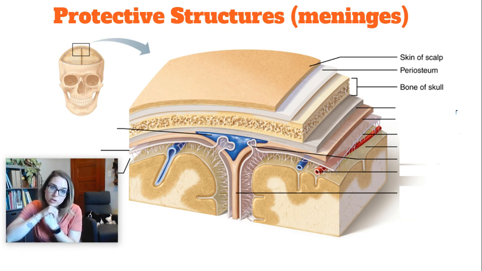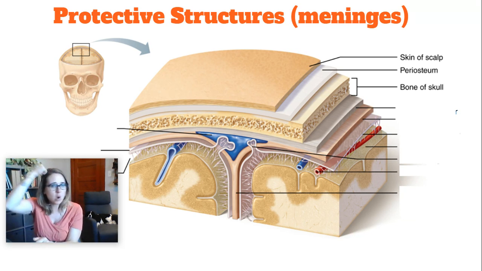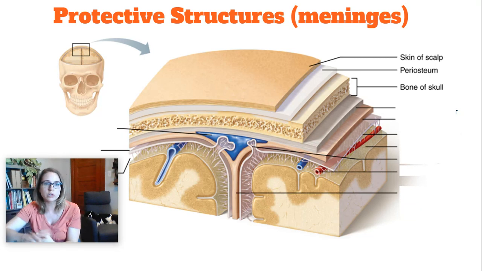Our blood-brain barrier, we mentioned before, but those glial cells, the neuroglia cells that protect your brain, form part of the blood-brain barrier that keep you safe, but also your bone, our skull, super duper good at keeping it protected. There's fluid surrounding our brain, the cerebrospinal fluid, that keeps our brain safe and secure, and also these things called the meninges. They are these tough protective layers that cover the brain.